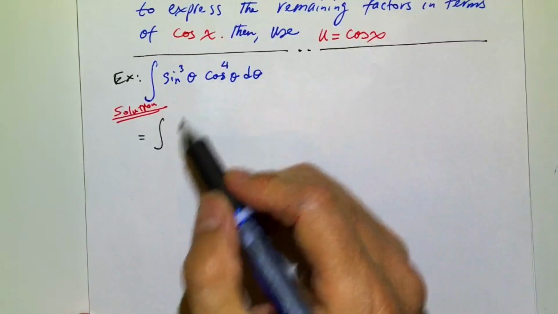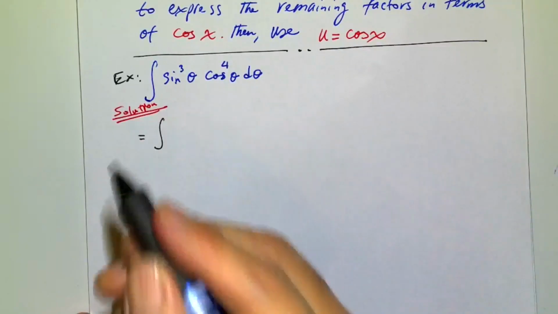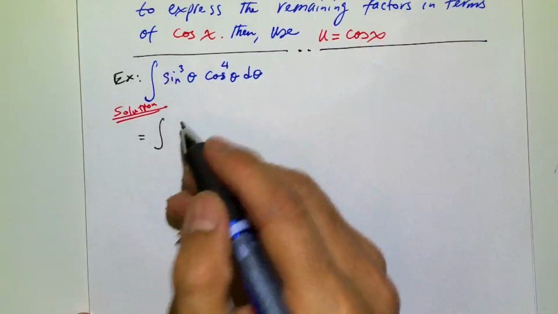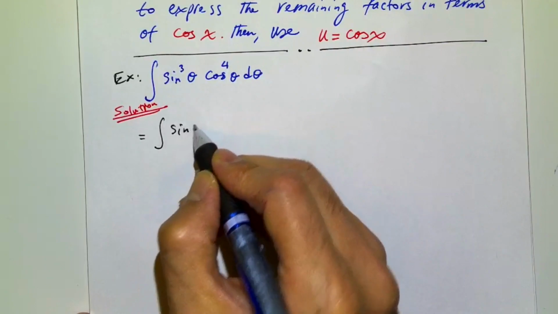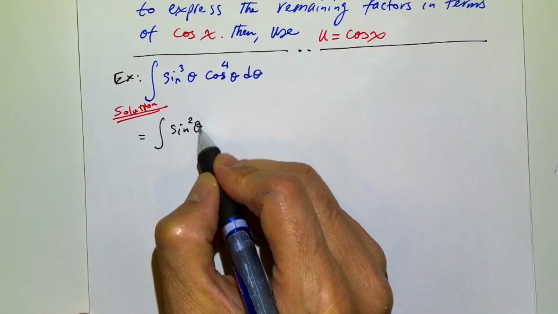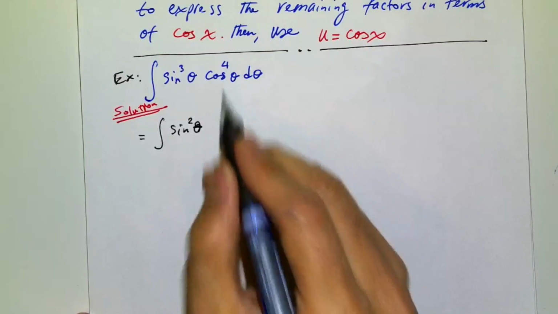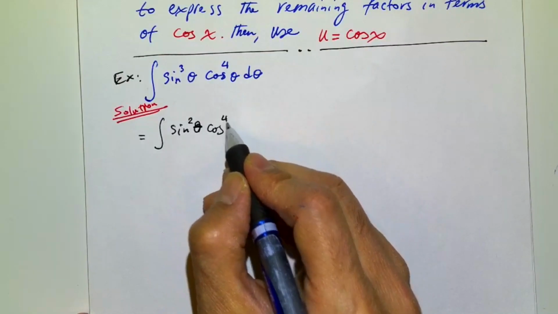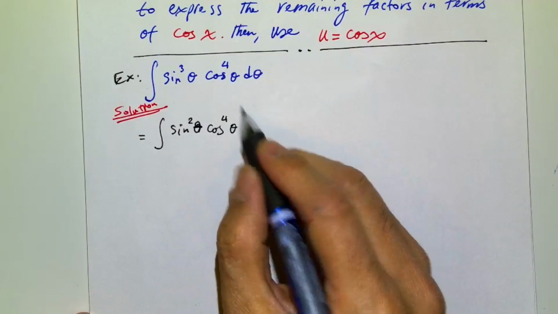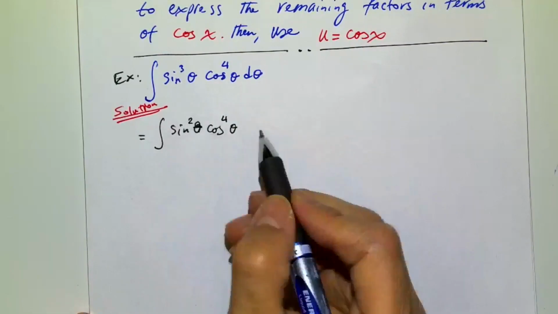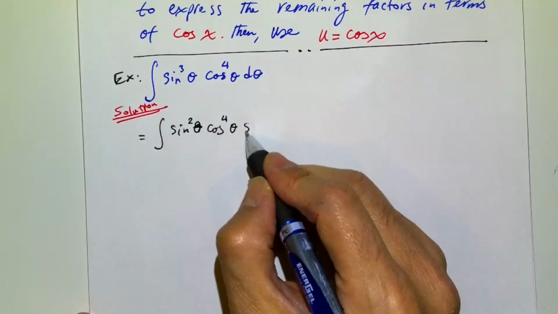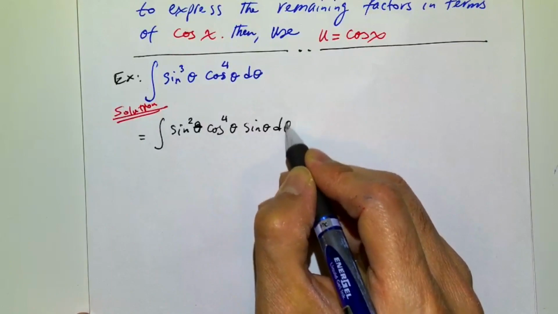We can't use u to finish this off, because this is an indefinite integral. So sine squared theta times cosine to the fourth power theta, and then the one sine that I took away appears here, sine theta d theta.